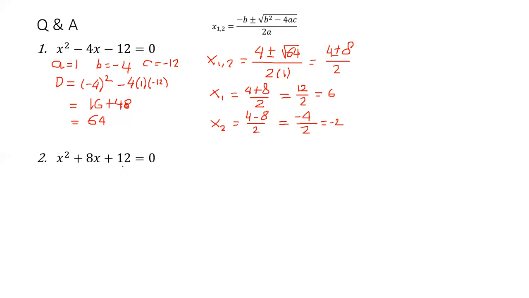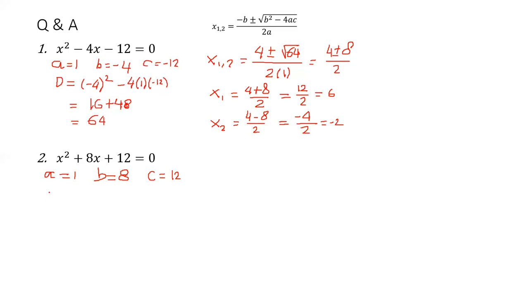All right. Now number 2: x squared plus 8x plus 12 equals 0. If we identify these equations, the coefficient of x squared is 1, it means a equals 1. b is the coefficient of x, which is 8, and the constant number of these equations is positive 12.